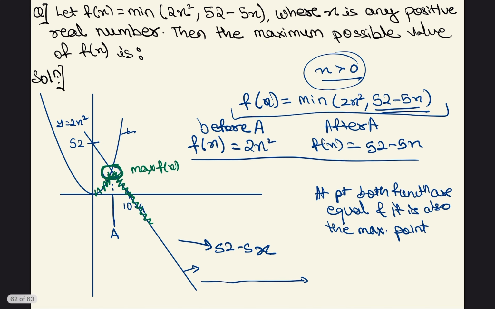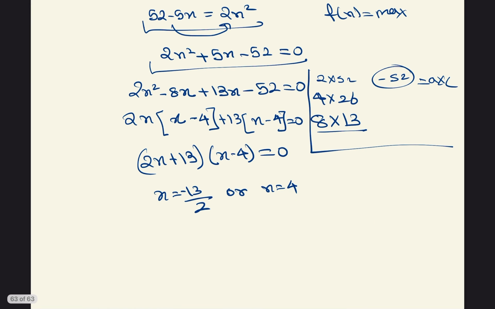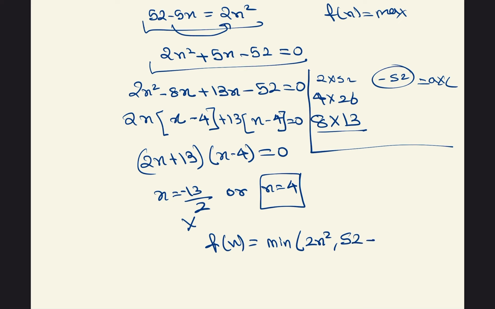Now we have the condition that this function is defined only for positive x, which is not the case in the first option. Minus 13 by 2 is not positive. Hence we will take x equal to 4. Now what is the maximum value of f of x, which is the minimum of 2x square and 52 minus 5x?